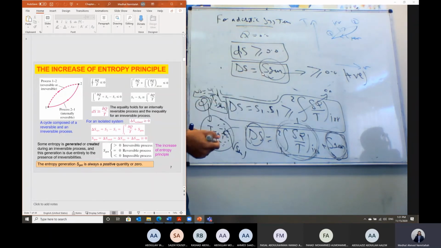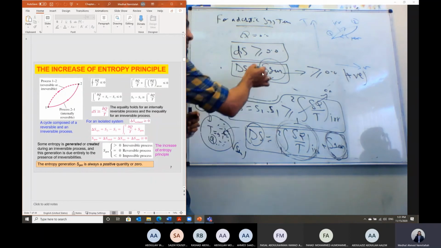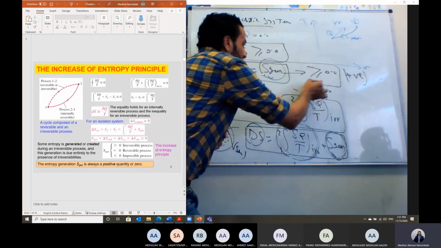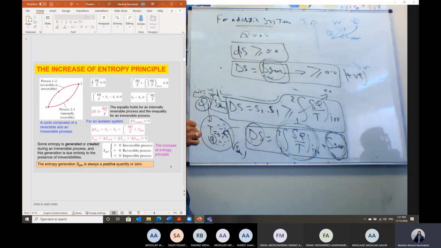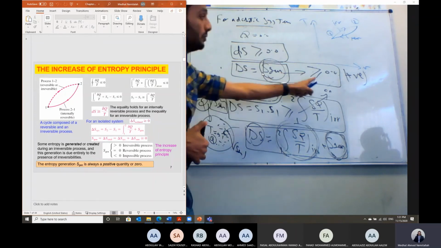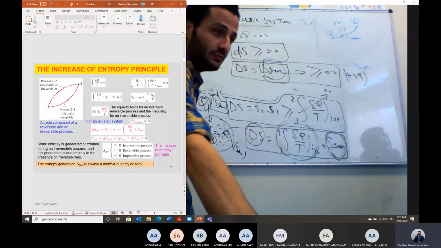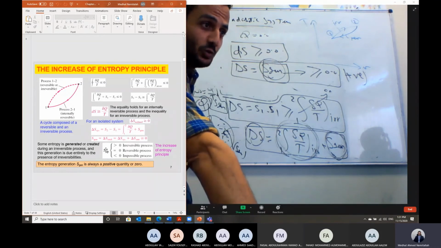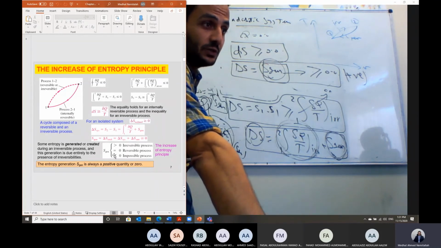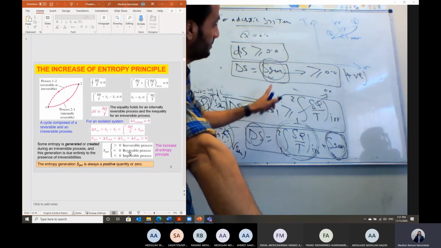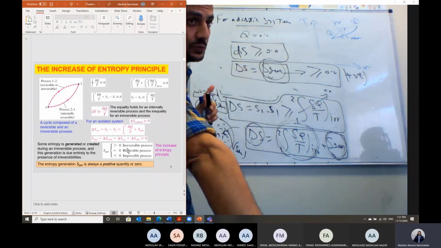And this is, shabab, what we call the concept of entropy increase. So any process should proceed in the direction of increase of the entropy. Entropy generation should always be a positive value for any system undergoing any process. It can equal 0 when we don't have any kind of losses within the system.